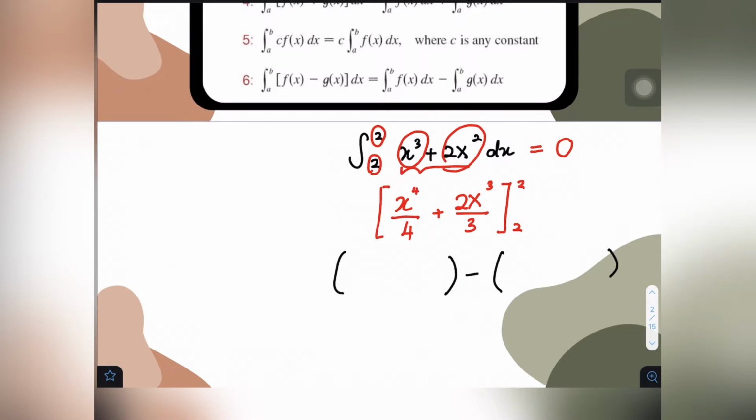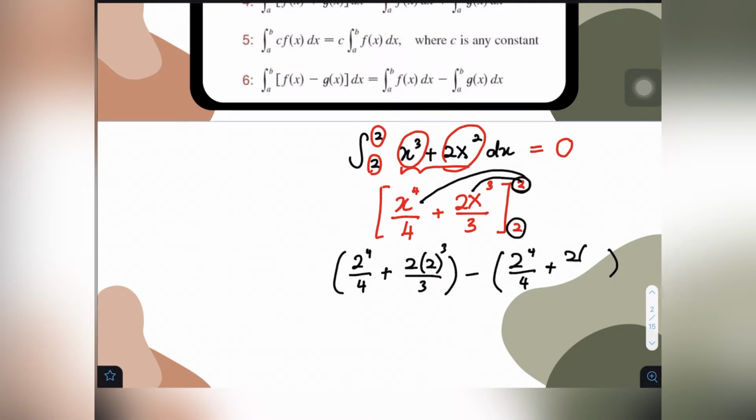In the first bracket, you need to substitute the value of the upper limit into your x. Every x, you substitute with the upper limit. So what you have here is 2 to the power of 4 divided by 4 plus 2 multiplied by 2 to the power of 3 divided by 3. Then for the second bracket, you substitute the lower limit. So again, 2 to the power of 4 divided by 4 plus 2 times 2 to the power of 3 divided by 3.